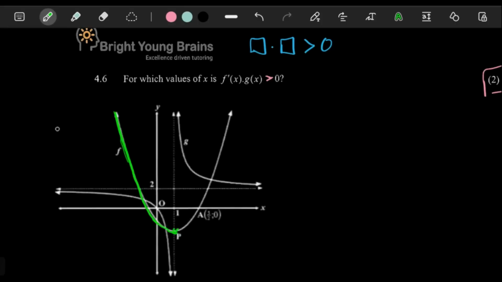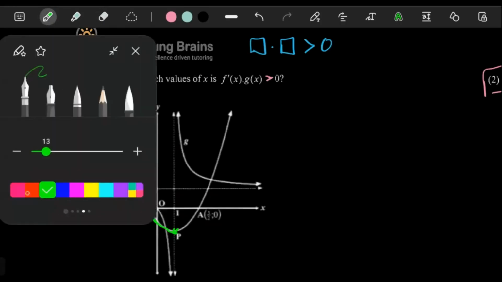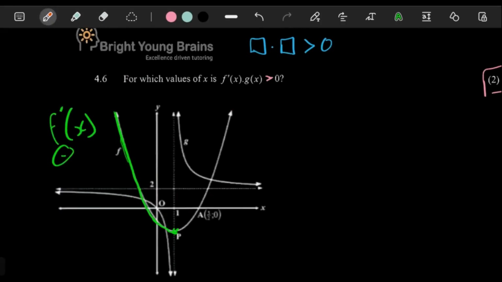This is all the parts where your gradients are negative, because this is saying the first derivative of f. The first derivative of f refers to gradient. So this is where we have negative gradients. And then after that, this is where you have positive gradients.